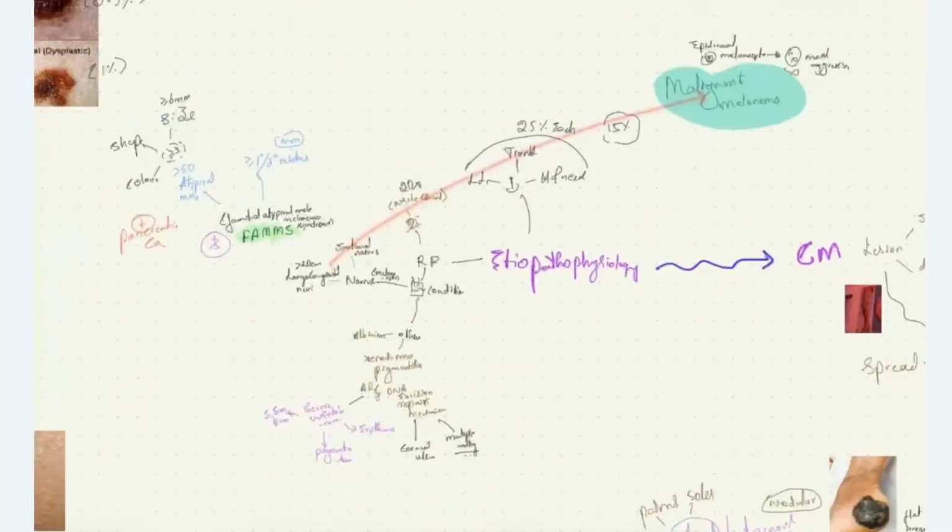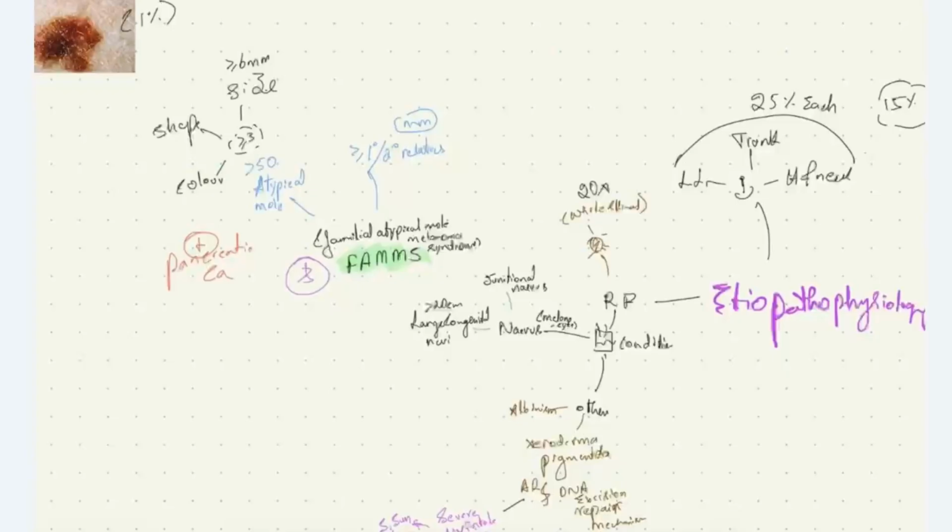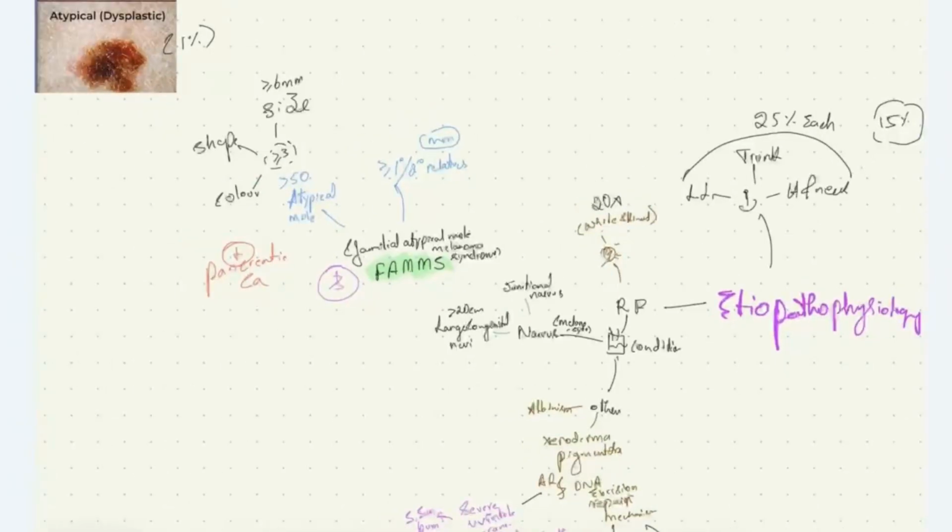We have another important risk factor for malignant melanoma, that is familial atypical mole melanoma syndrome, FAMMS. What is FAMMS? We say the person has FAMMS when one or more of the first degree or second degree relatives of the patient has malignant melanoma. Along with that, the patient should have atypical moles. What is an atypical mole?